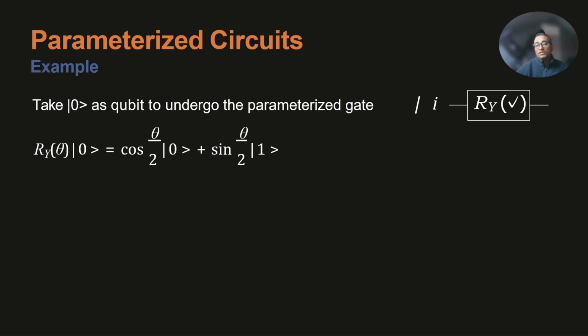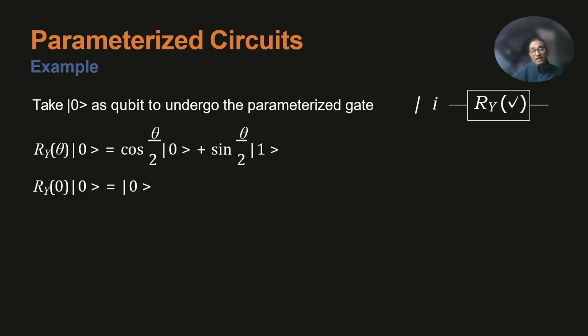Now, how shall we change the values of this output? That is driven by the parameter theta, as we have said before. For instance, if you take theta as 0, meaning there is no angle from the y-axis, then cos 0 is 1 and sine 0 is 0, and you will end up only having the 0 qubit state.